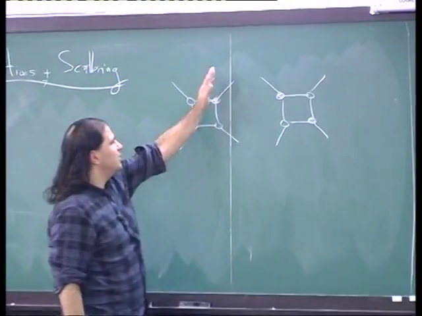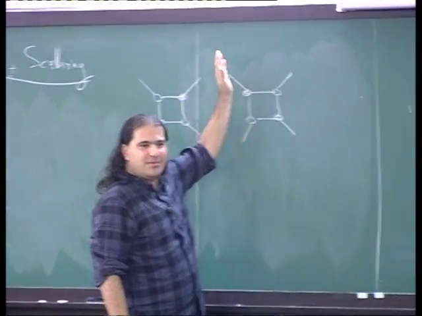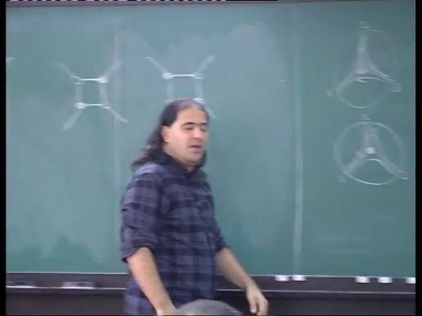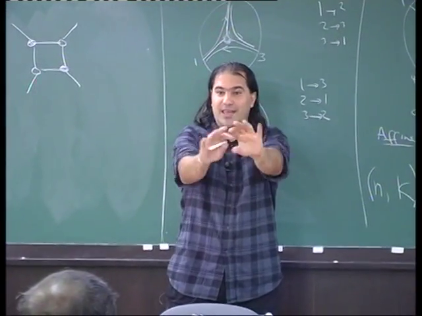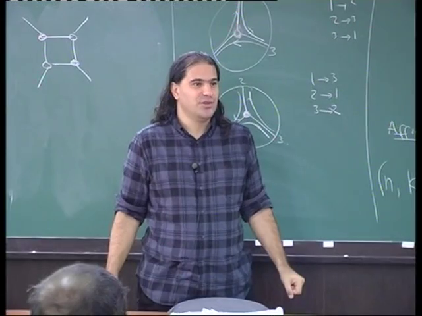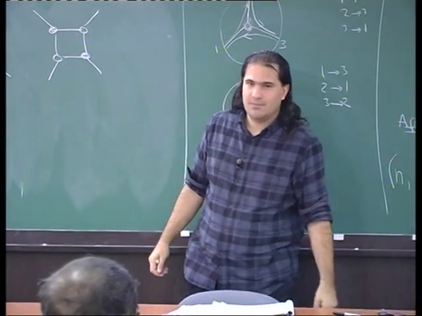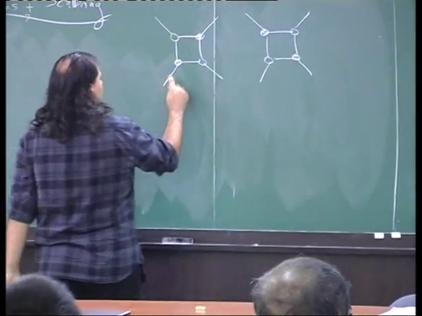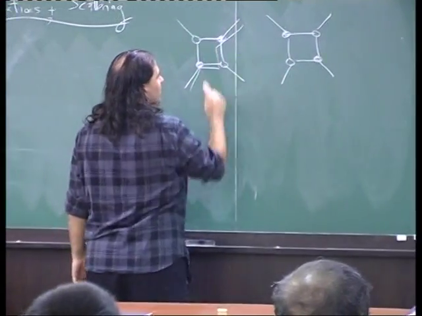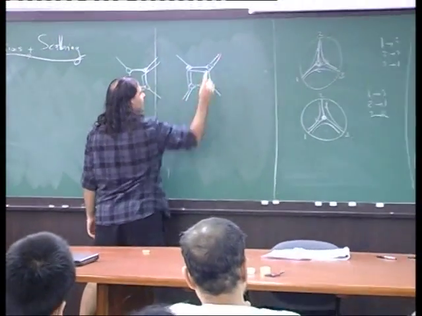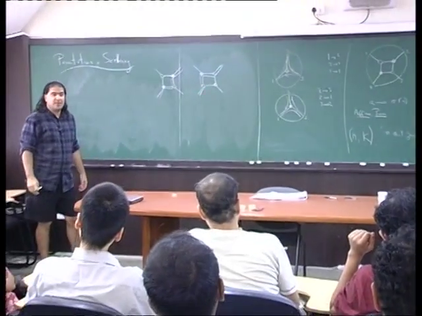You just go around the square in opposite orders. So two diagrams that are related by the square move give you the same permutation. Is that clear? Right versus left, you get exactly the same permutation.